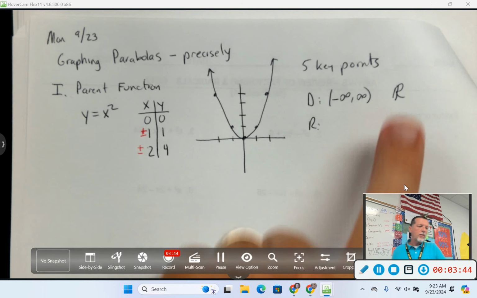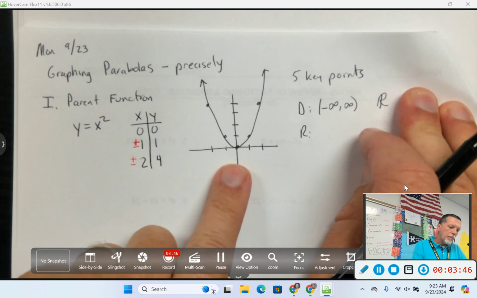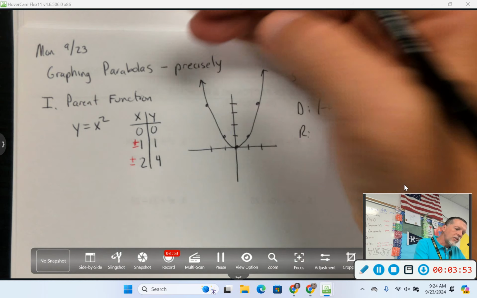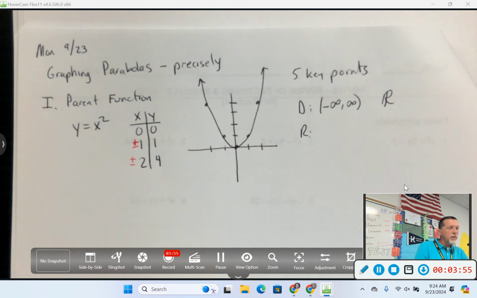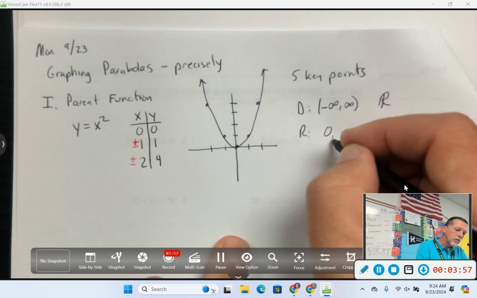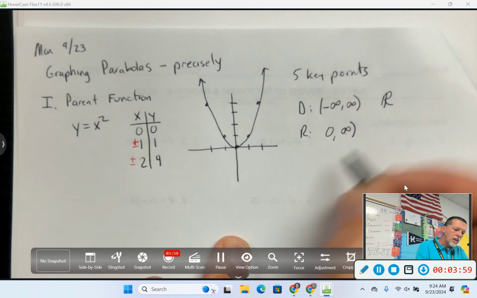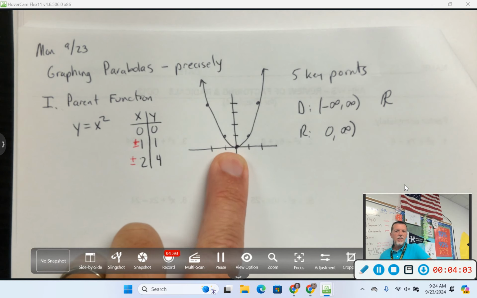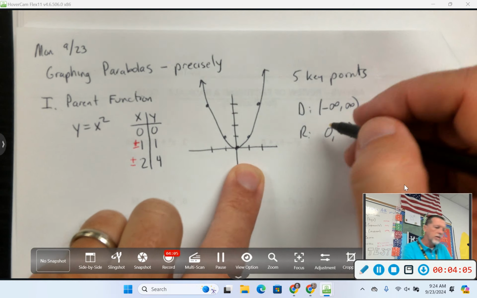You can do that. That just means all real numbers. How about the range for that? Range is the y values from the bottom up. So 0 to infinity. And what about the symbol that goes with the 0? Bracket, because we want to include the 0.